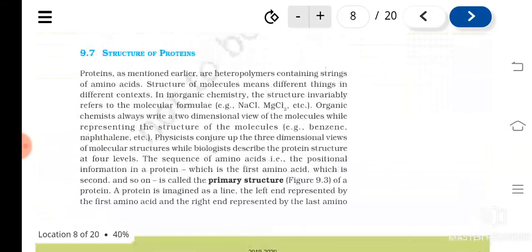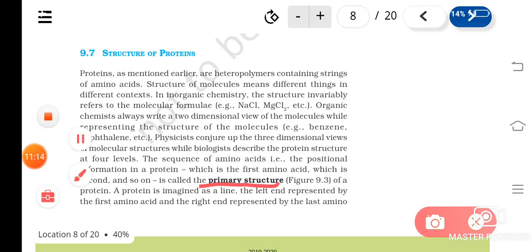Understood? So let's see what all these are. The first is the primary structure. The primary structure of a protein describes the number and the sequence of amino acids. In a polypeptide chain the amino acids are arranged one by one: amino acid 1, 2, 3, likewise.